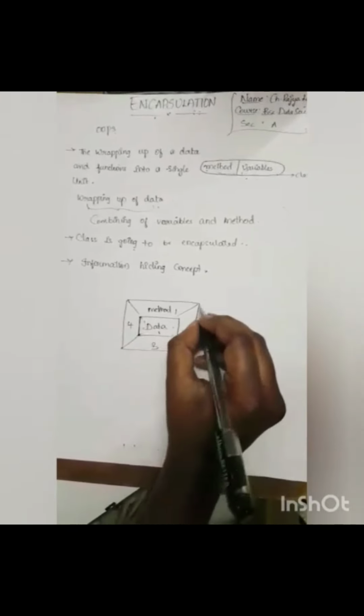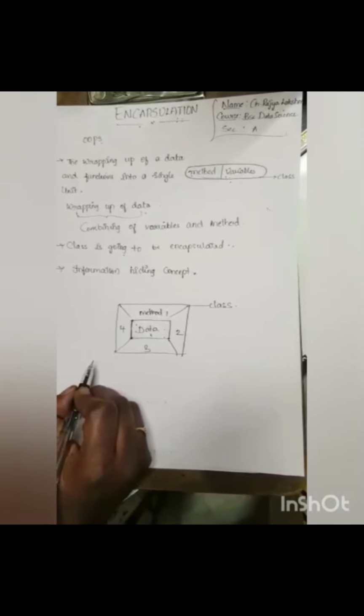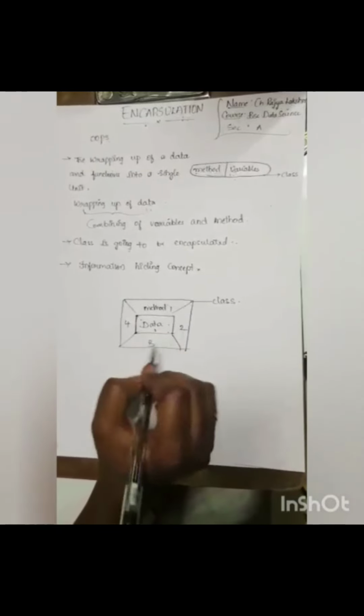This is the data and these are the 4 methods, and this is the class which is bounded, called a class. The data can be accessed by the 4 methods I took. So 1, 2, 3, 4. These 4 methods. Outside the class.